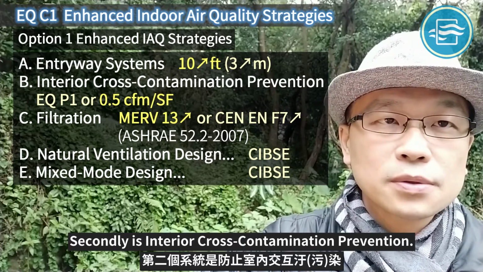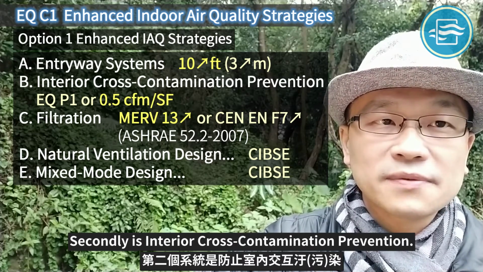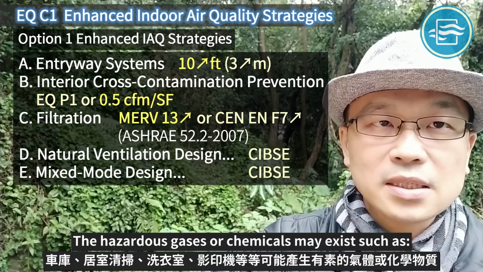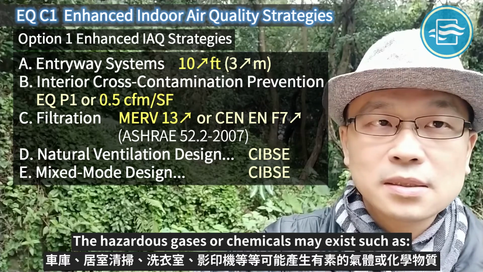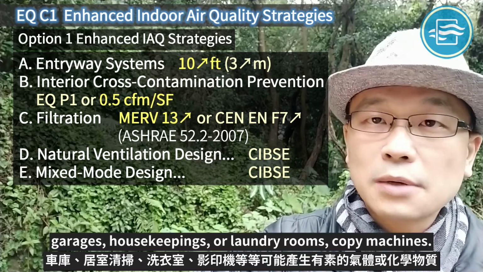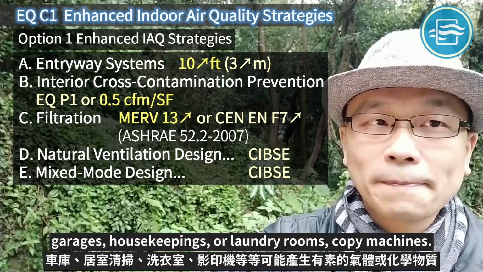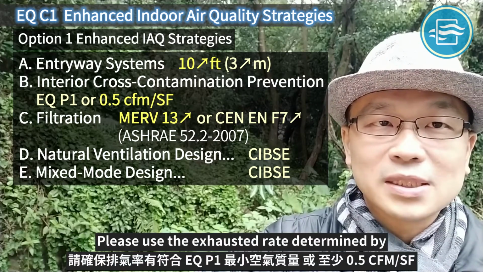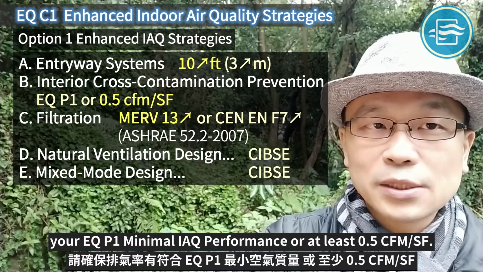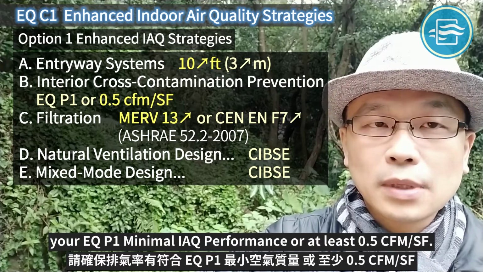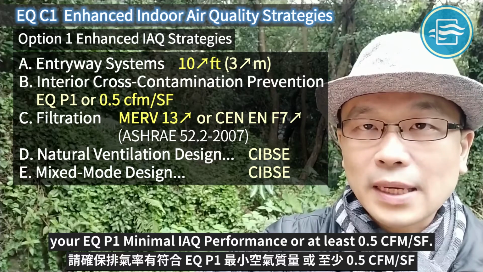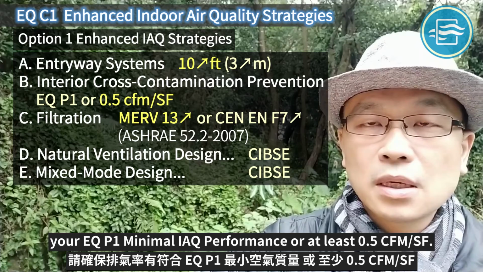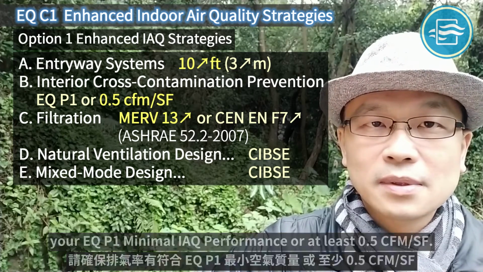Second is interior cross-contamination prevention. Hazardous gases or chemicals may exist in spaces such as garages, housekeeping rooms, laundry rooms, and copying machines. Please use the exhaust rate determined by your EQP1, minimal IAQ performance, or at least 0.5 CFM per square foot.